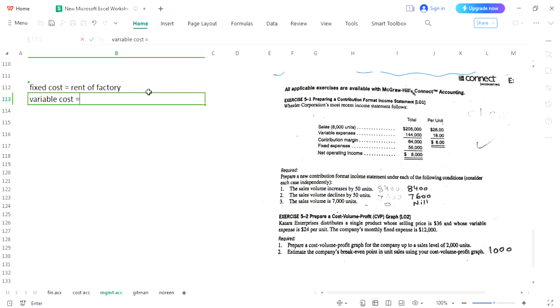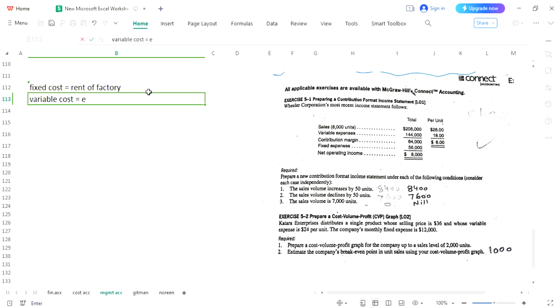If you are working 10 days in a month, the cost would be different as compared to working 20-30 days. So it entirely depends on the level of production. If you increase your level of sale or production, this cost will increase. If you decrease your level of sale, the cost will decrease.